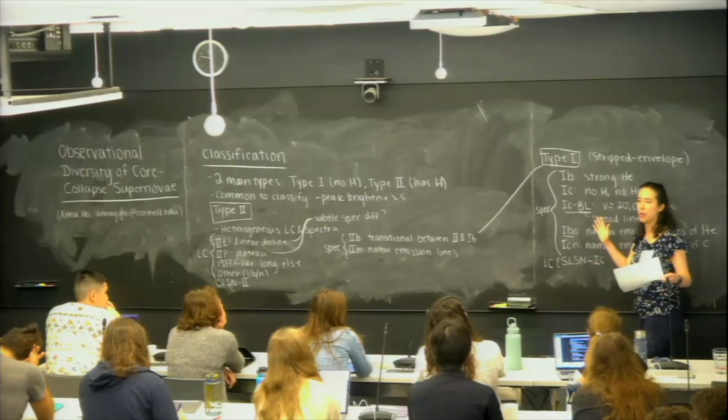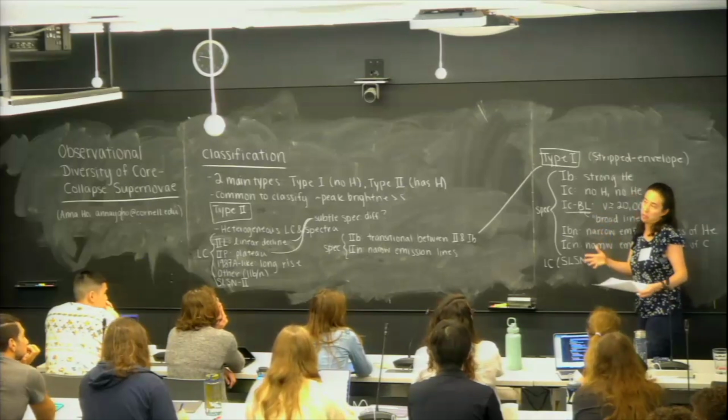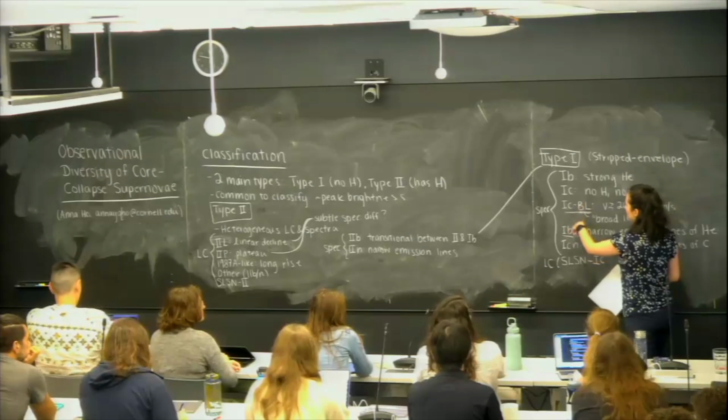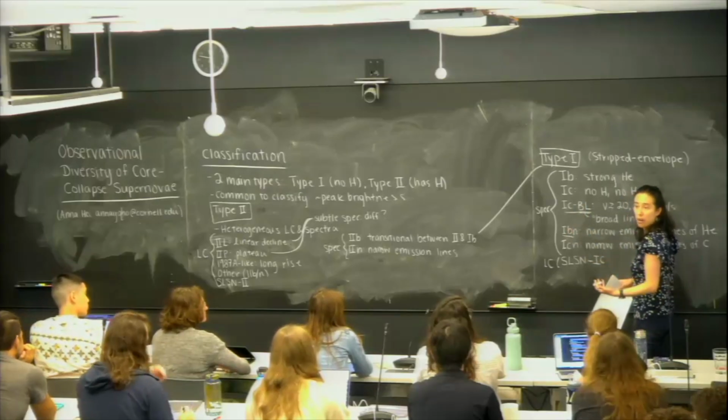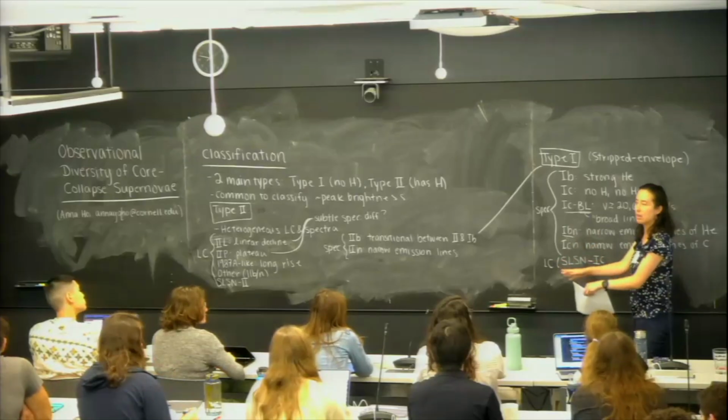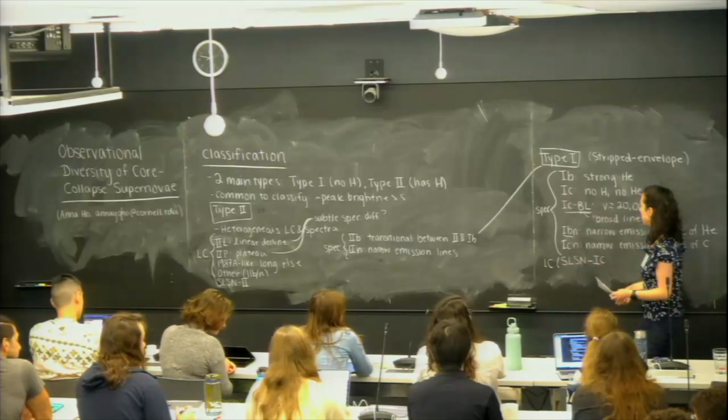The optical light curves are almost exactly the same, which is unusual. So these two have been the subject of a lot of work trying to find some very distinctive channel that makes them, that would not make another type of supernova.